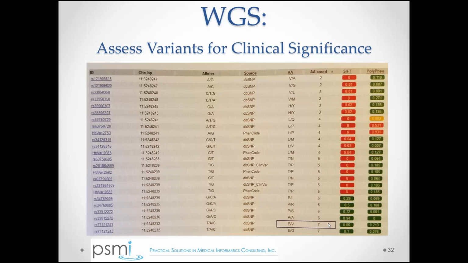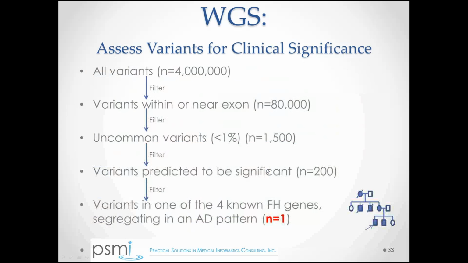And so we're not really relying in our subset on the output of SIFT and PolyPhen, just because, as shown here, it's very tough to rely on them from a clinical perspective.